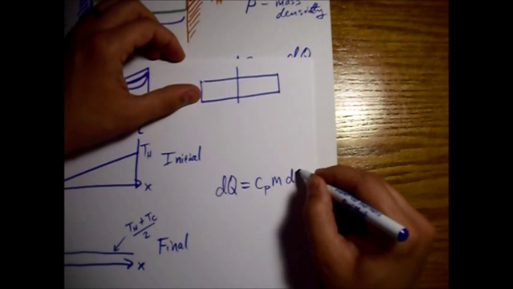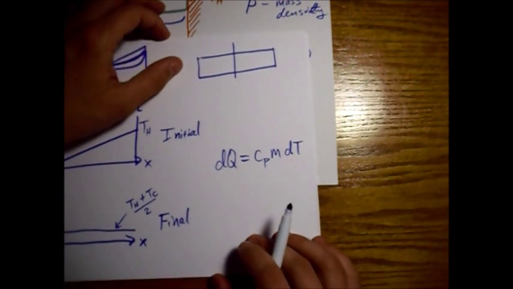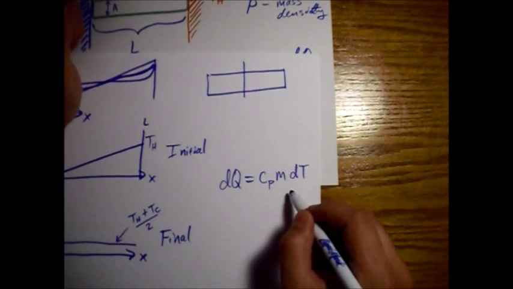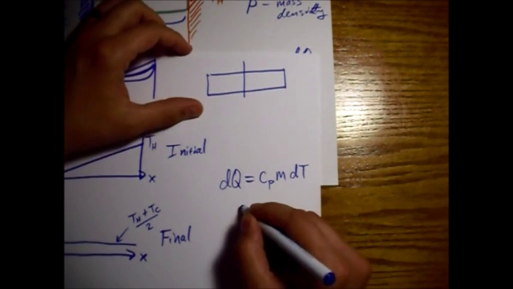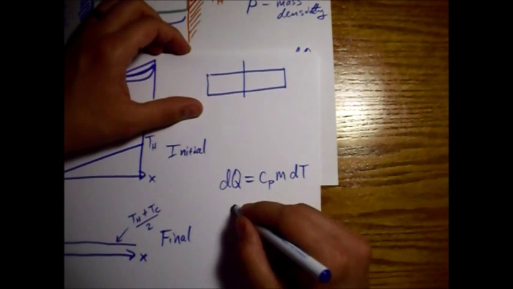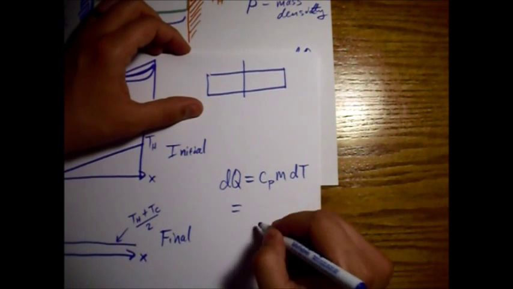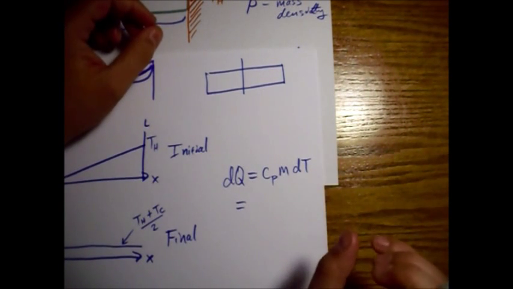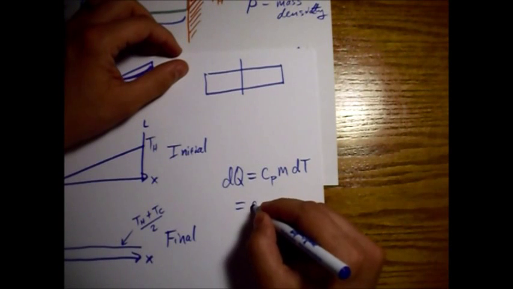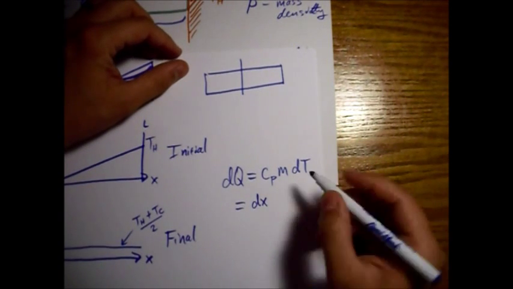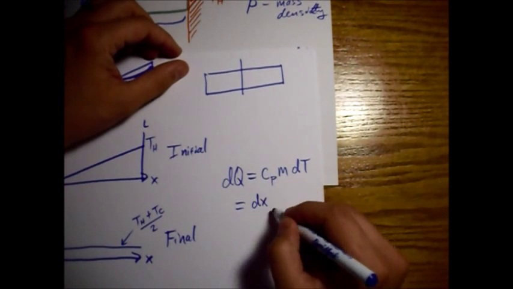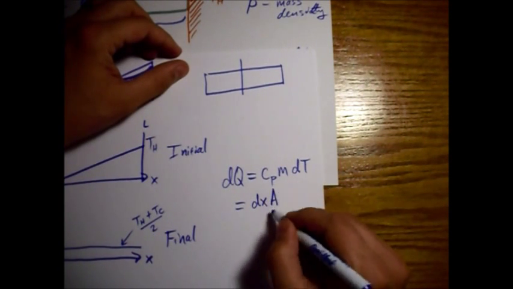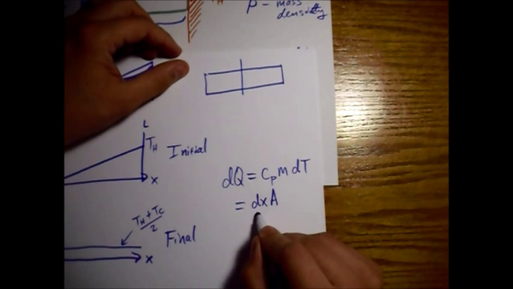the change in temperature. All right, but the mass is going to be the cross-section multiplied by the infinitesimal length of the bar, dx.